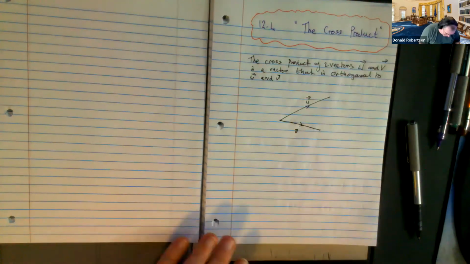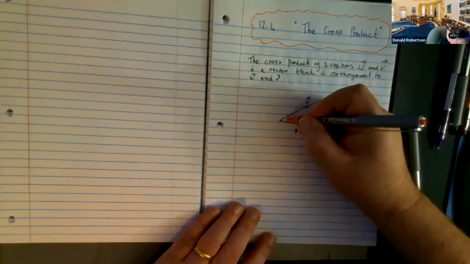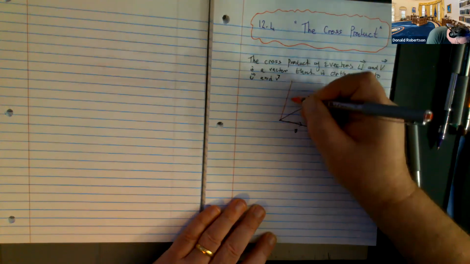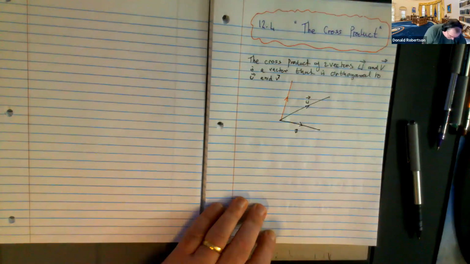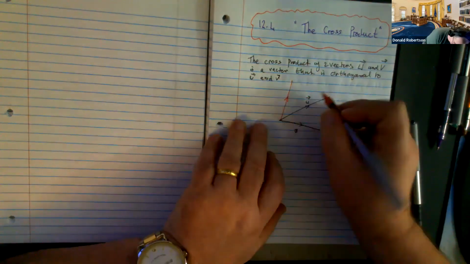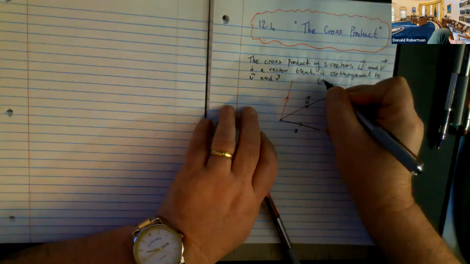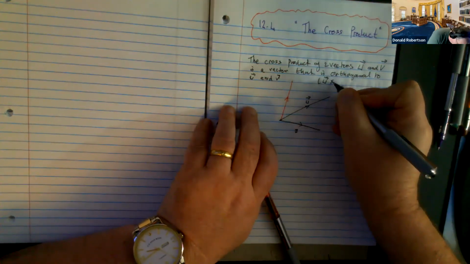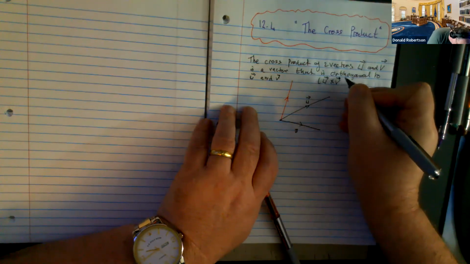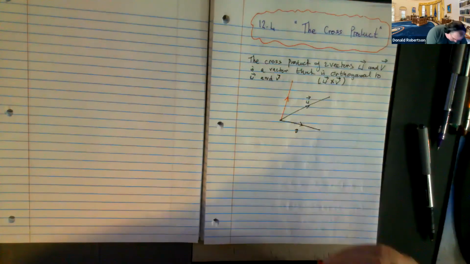There is a vector called the cross product, which would look something like this vector here. I should tell you what we call it. It's called U cross V instead of U dot V. That's how you write it. And it's this vector here.